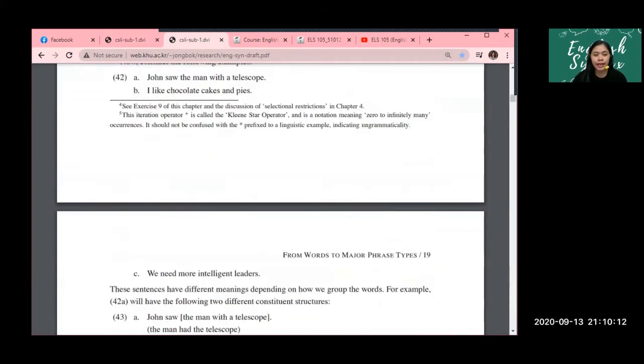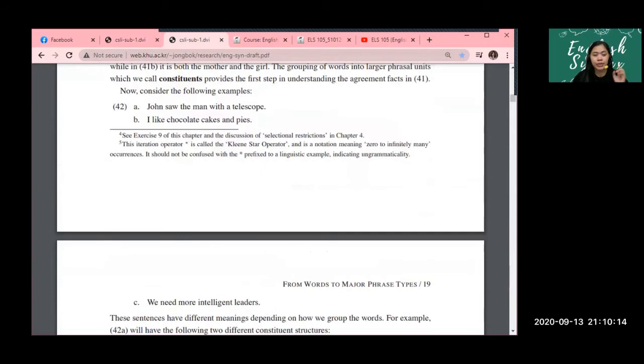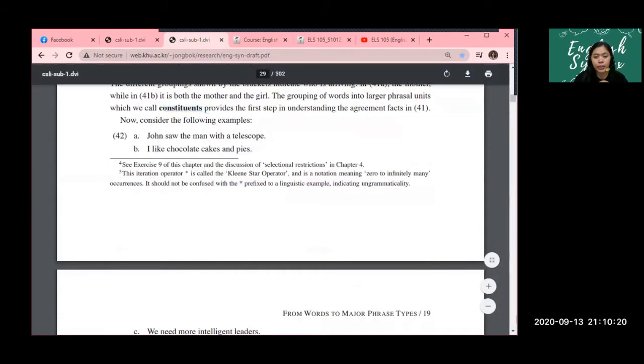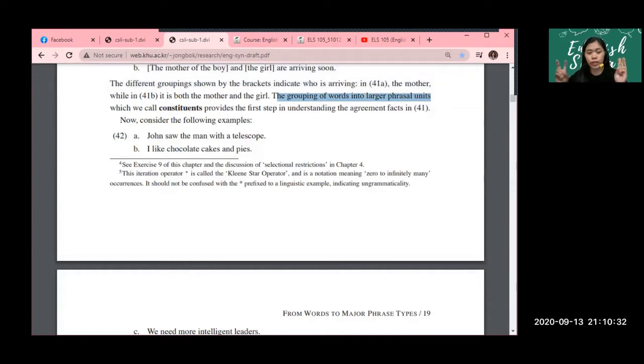So what are phrasal categories, or what is a phrase? In this book, we would most likely use the term constituent, because the grouping of words into larger phrasal units are also called constituents. Do not misinterpret the word constituent, because it's been discussed in the previous chapter.